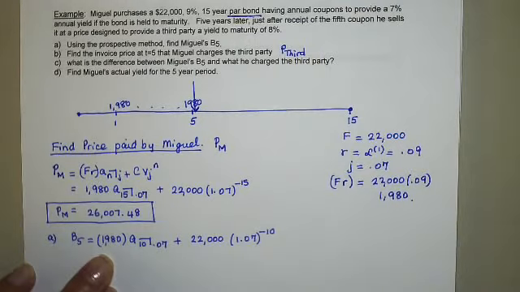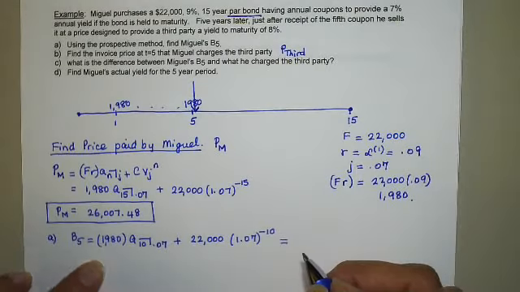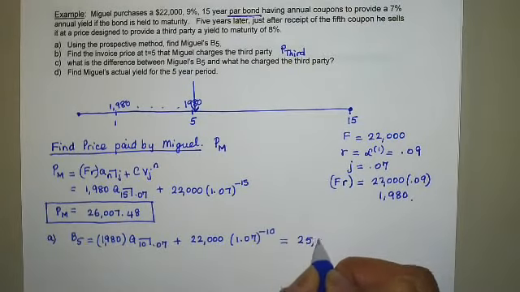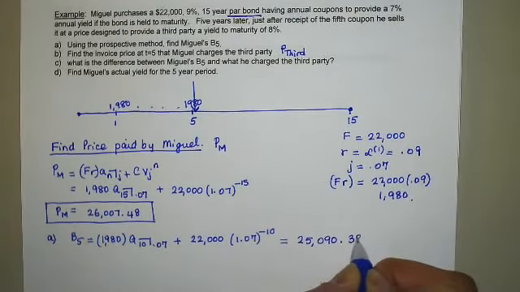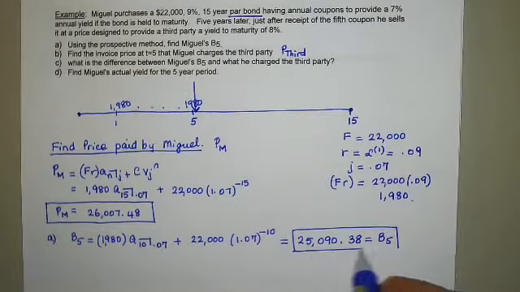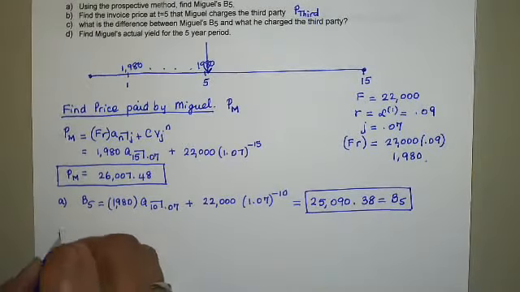Does that make sense to you? I'm just standing at 5 and looking forward and saying, the book value of this bond at time 5 is the present value of the remaining coupons plus the present value of the redemption. Does this make sense or no? So this turns out to be 25,090.38.